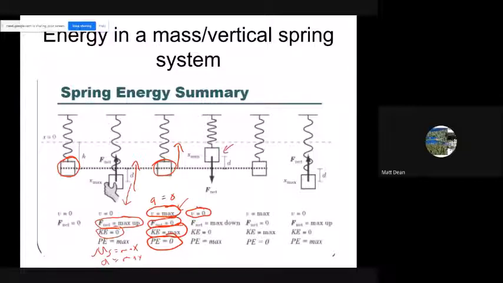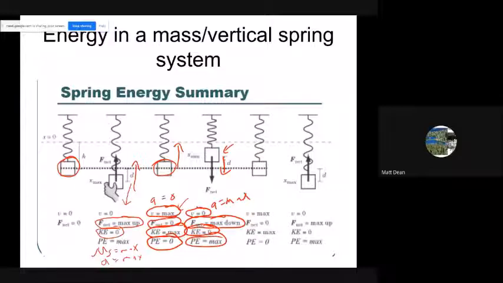Also, at that maximum displacement, the restoring force, the net force, is at a maximum. It's pointing always back toward equilibrium. The acceleration at that point is also always going to be at a max. 0 kinetic energy because it has stopped, and the elastic potential energy is at a max because the spring is compressed as far as it can be compressed.